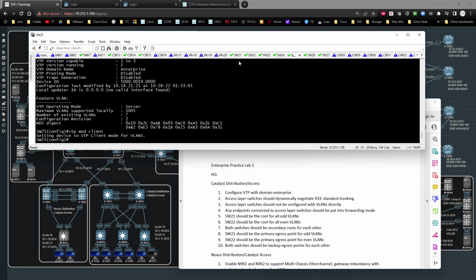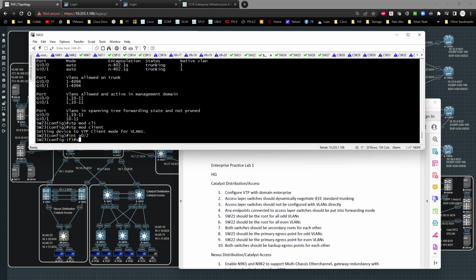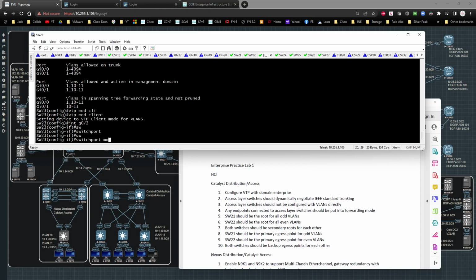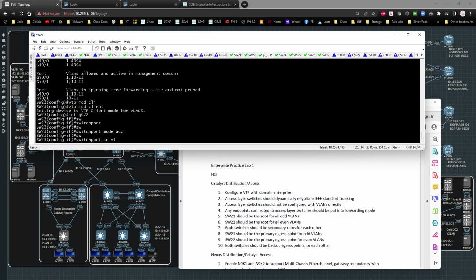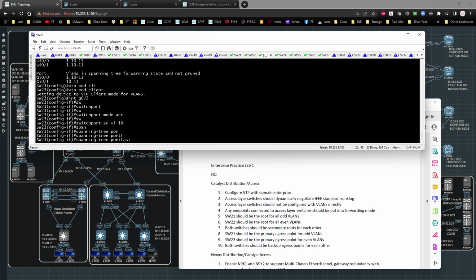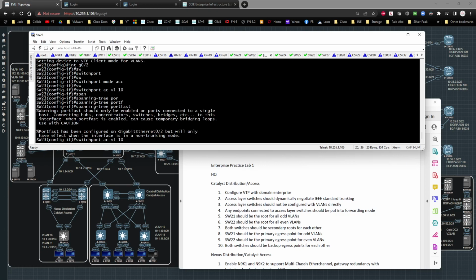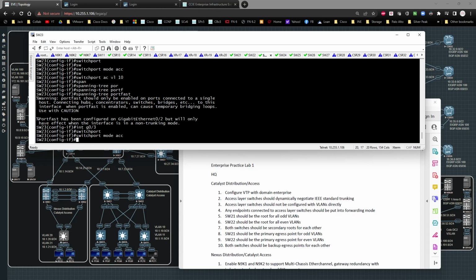So I'm going to go back over here to 23, 24, and 25, and I'm going to go into interface gig 0/2. It's going to be switchport mode access, switchport access VLAN 10, and then spanning-tree portfast. Okay, do the same thing on gig 0/3.